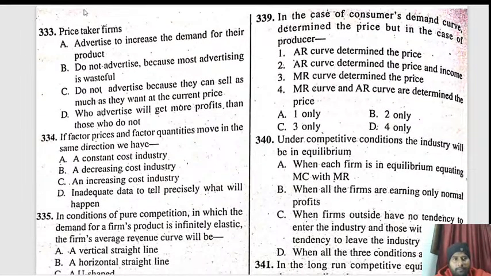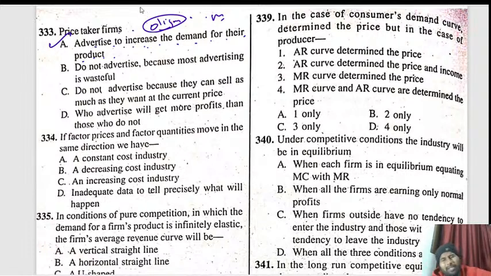Price taker firms advertise to increase the demand for their product. Price taker firms advertise to increase the demand for their product. So oligopoly market and other firms, they used to market, and in monopolistic competition advertisement takes place.